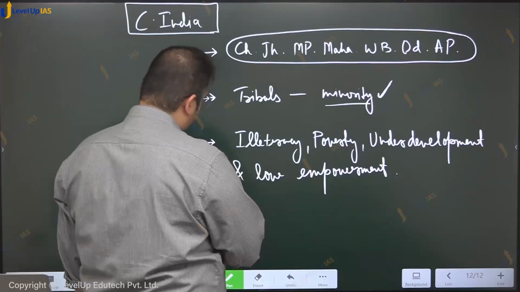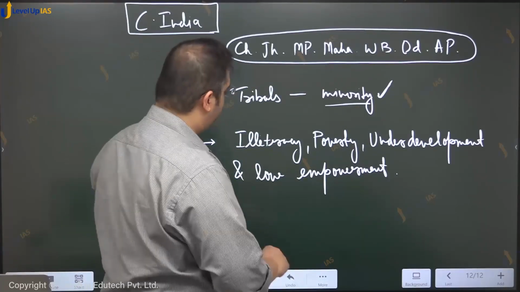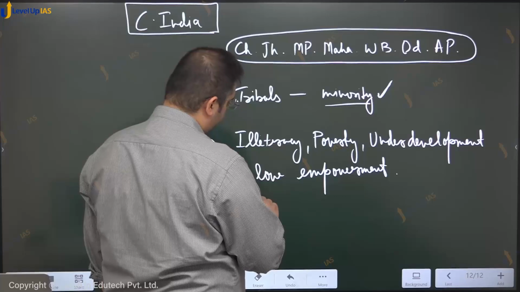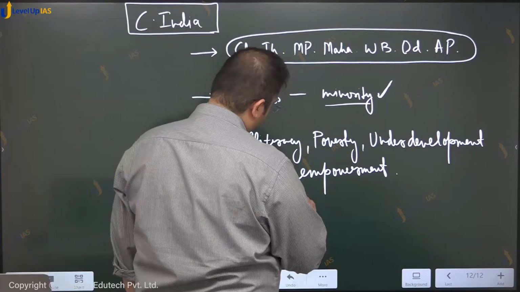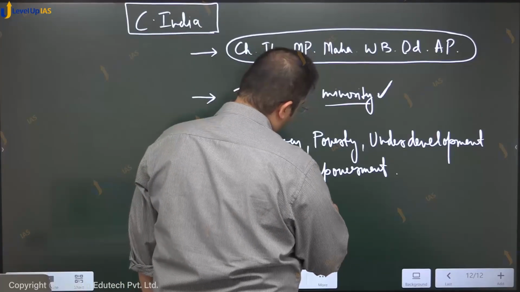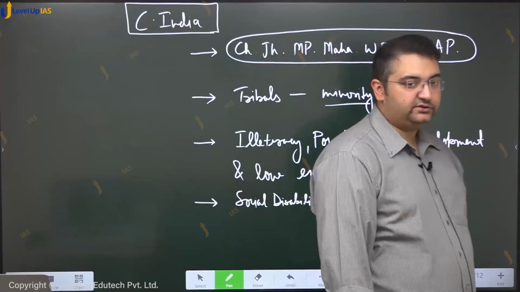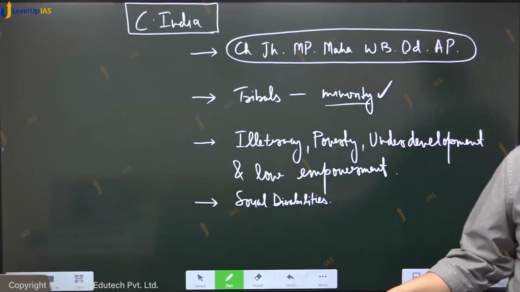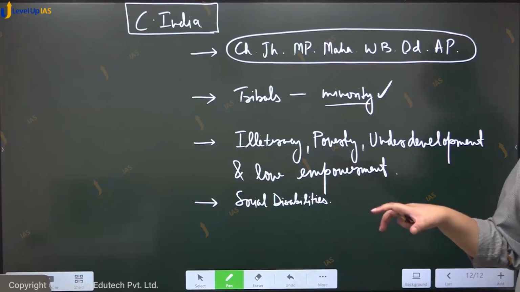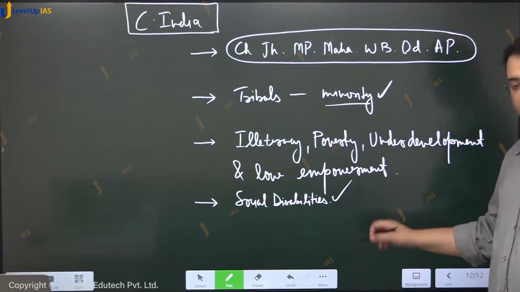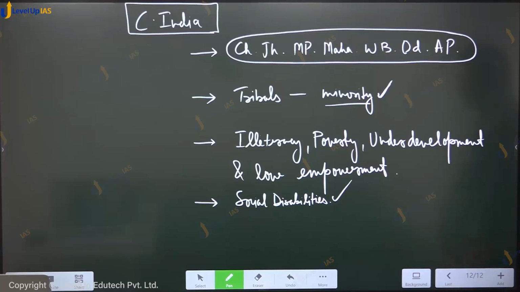They were also subjected to some other social disabilities, because the process of forcible integration into mainstream society and marginalization was undertaken more deeply here. They were subjected to several social disabilities such as restriction from access to education, untouchability, etc., discrimination, right? So these were the other problems that they were facing.